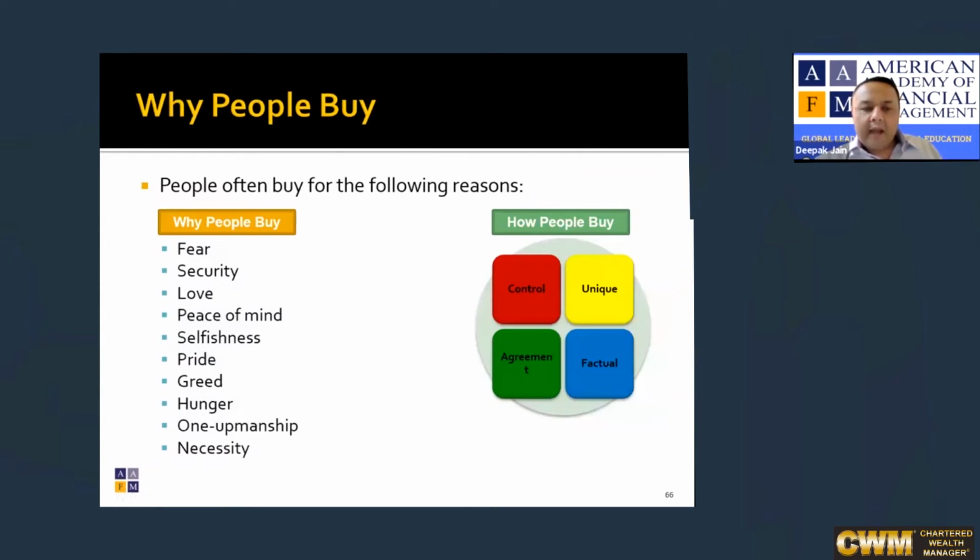So why do people buy? People buy for these reasons: fear, security, love, peace of mind, selfishness, pride, greed, hunger. He wants to be better than other people, one-upmanship, and necessity.